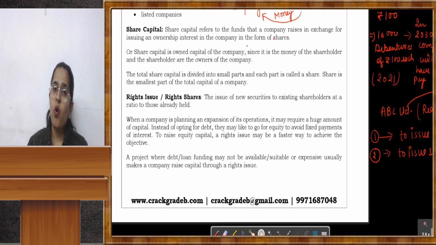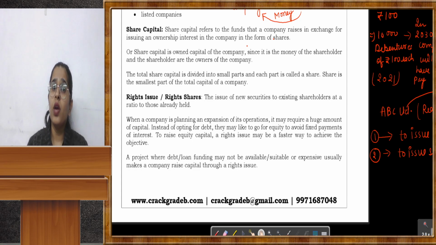But in the case of debentures, the company is the borrower. So the company will have to pay interest whether it is in profit or not. Whether the company is running in profit or not, the company will have to pay interest. So interest becomes a fixed charge, a fixed expense.